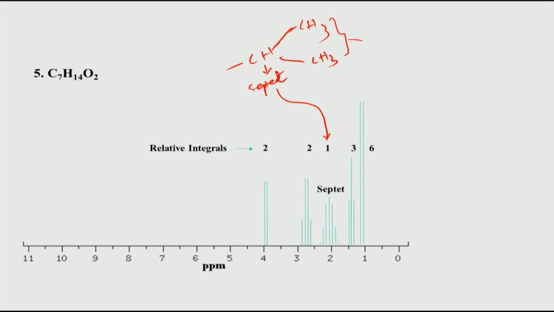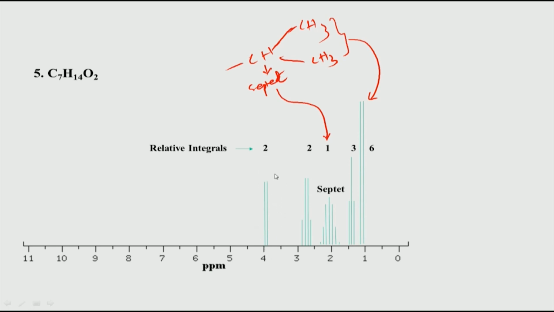Similarly, these 2 could most likely be this, because the 2 CH3s, each of these CH3s, will give a doublet. Each of these CH3s is coupled to this hydrogen, and therefore the 6H is a doublet, and this septet is coming from this hydrogen. Now, looking at the remaining 3 and 2, remember there is a downfield shifted proton corresponding to 2, which means it is most likely attached directly to an oxygen.